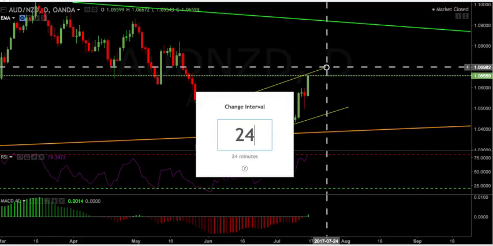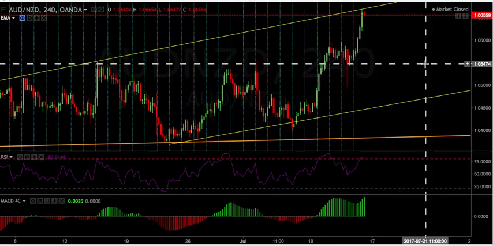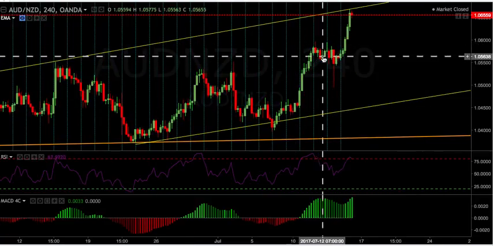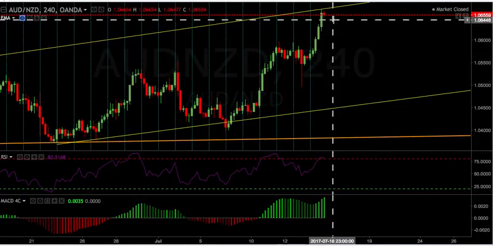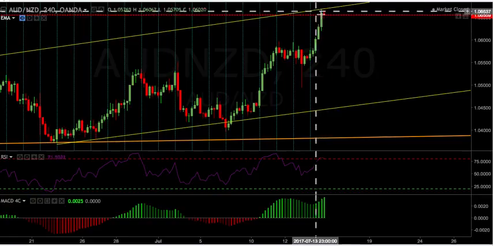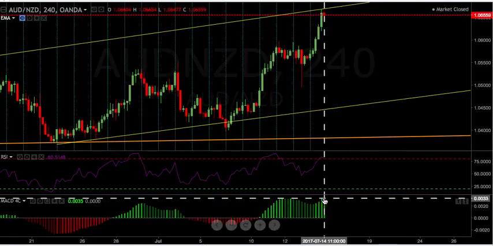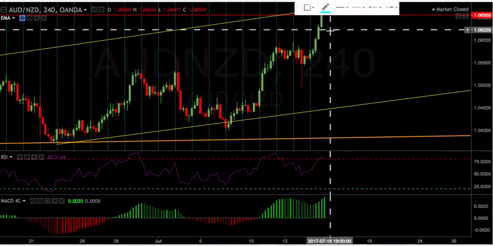Let's see what it's showing us on the 4 hour. All right, 4 hour. We had a nice bullish impulse followed by a corrective pattern. Continuation pattern, sorry. Another impulse. Price has now reached the peak. We have RSI divergence, MACD divergence. Great spot right here to look for a short entry.